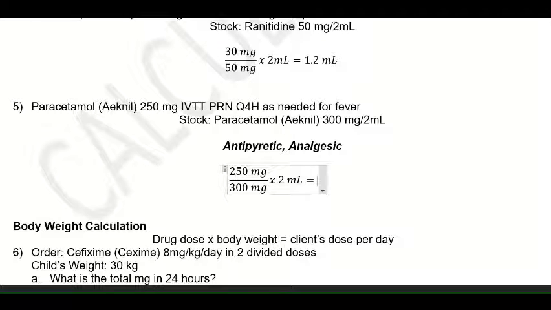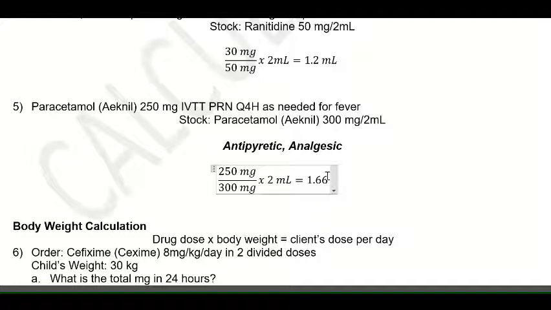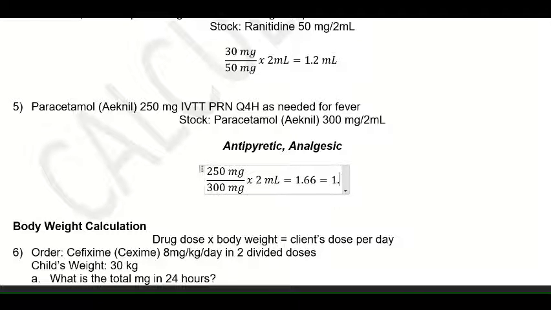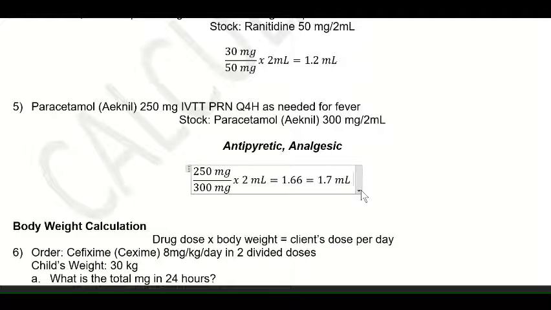That would give you a value of 1.66, a continuous decimal, 1.666. Now think, to what number should I round this off? Round it off to the nearest tenths, and that would be 1.7 ml.